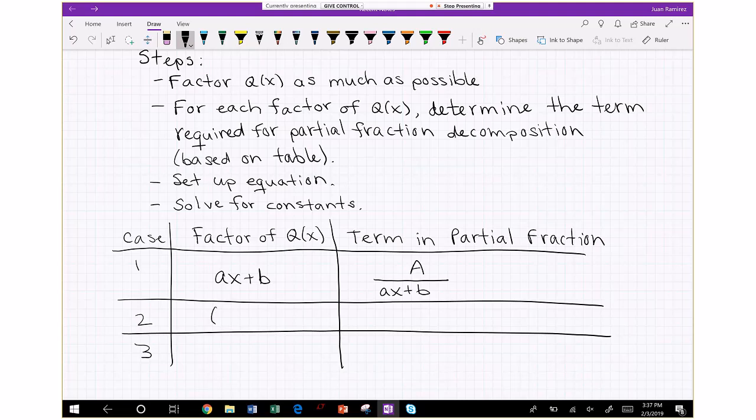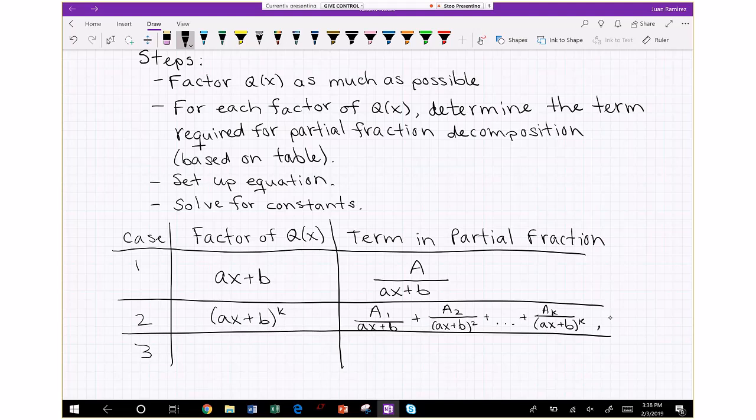If you have ax plus b raised to some power k, then the term associated with that factor of q of x would be A1 over ax plus b, plus A2 over ax plus b squared, plus up until Ak over ax plus b to the k power.